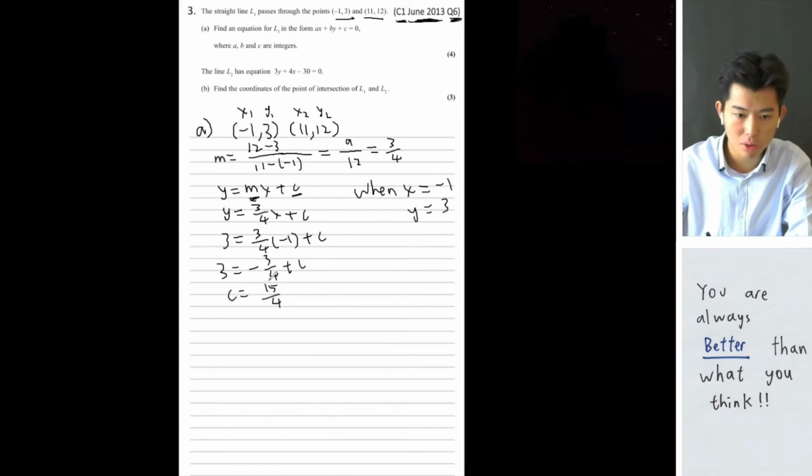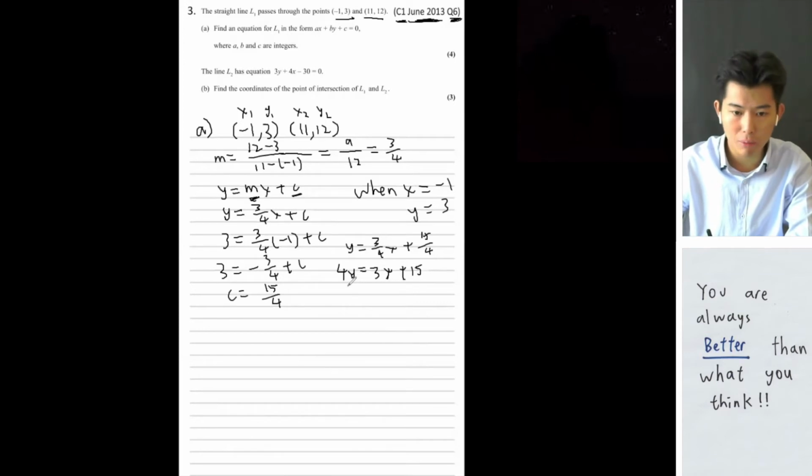The next step is, now that I already know the c value, just put this value back into this equation. So y equals 3 over 4 x plus 15 over 4. Now just times everything by 4, which gives 4y equals 3x plus 15. And now we have to make it in the form ax plus by plus c equals 0, so just move everything to one side.